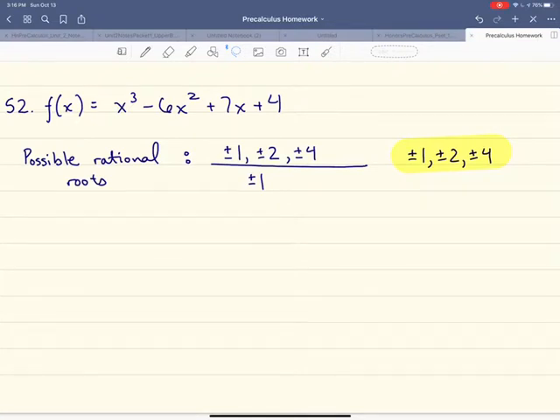We write out the factors of the constant term over the factors of the leading coefficient. And this gives us the list plus or minus 1, plus or minus 2, plus or minus 4. After, with synthetic division, we find that 4 is a root. So let's do this together.